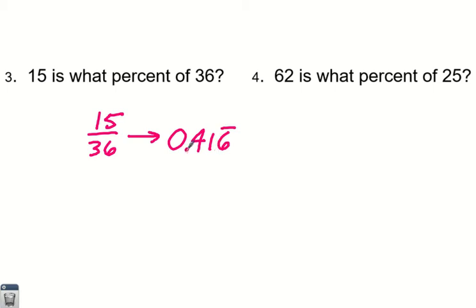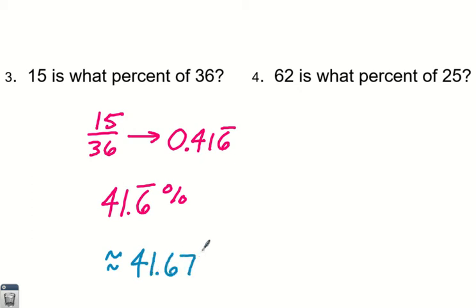And so when I move this decimal 2 places to the right, it ends up here. And so that percent is exactly 41.6 repeating percent. I guess I might as well write it down just for the heck of it. If you were to round this off, you could say that this is approximately 41.67% or 41.667%, right?